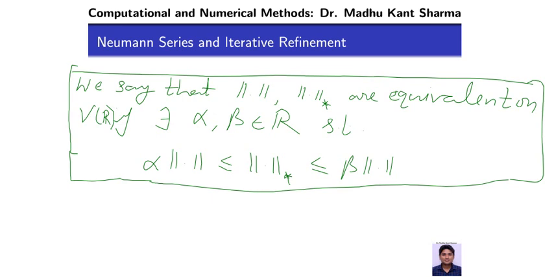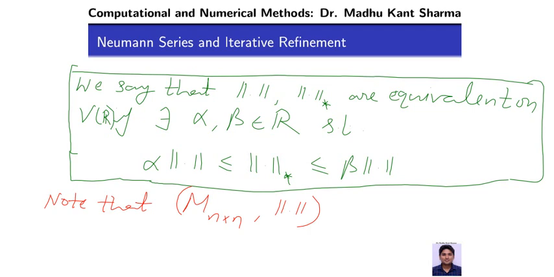So how does it help us that two norms are equivalent on a finite dimensional space? Note that M n cross n with any norm is a finite dimensional normed linear space. Whether you work with the subordinate matrix norm or the Frobenius norm or any other norm you define, they all become equivalent.